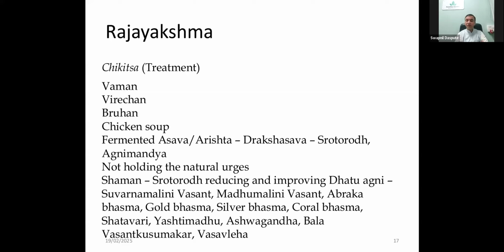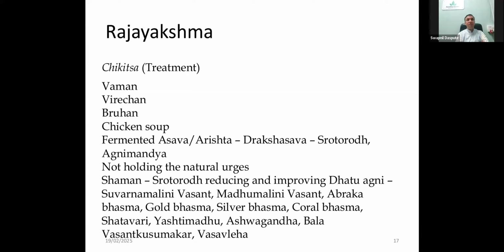In order to have good action of Bruhana on the body, the strength of the Jathar Agni and the Dhatu Agni has to be optimum or sufficient in order to digest that particular item.